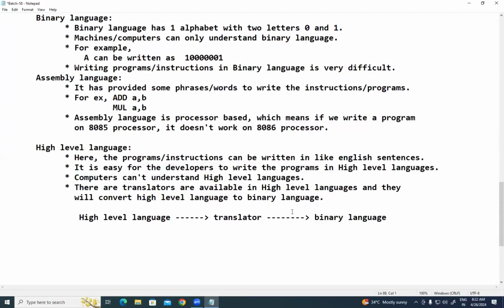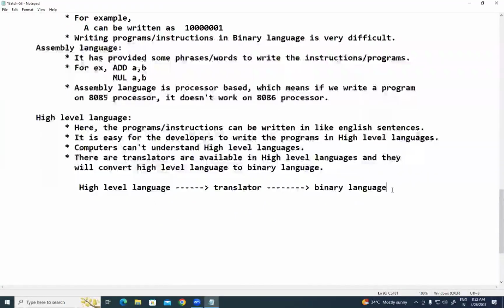Who is the translator, we'll discuss later. It may be a compiler in one language, a compiler and interpreter in another language, or only an interpreter in another language. These are all called translators. Folks, am I clear now?